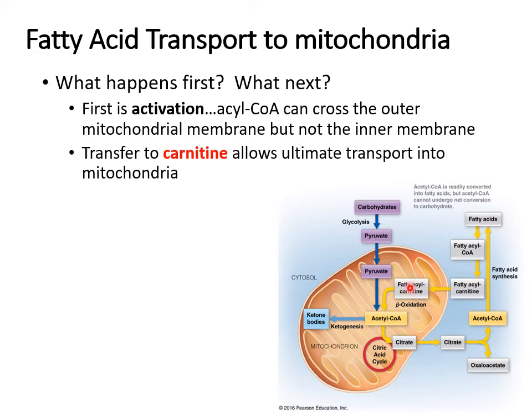There's a whole series of events in order to have that carnitine serve as a shuttle to bring the fatty acid into the mitochondria. Again, I'm not going to have you memorize any of that, but I want you to recognize and circle, star, highlight that term carnitine, as that is the shuttle that allows for the fatty acid to be carried or transported into the mitochondria so that you can then move on to the oxidation within the mitochondria.